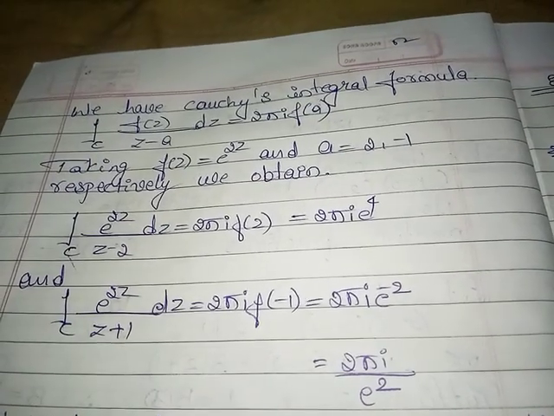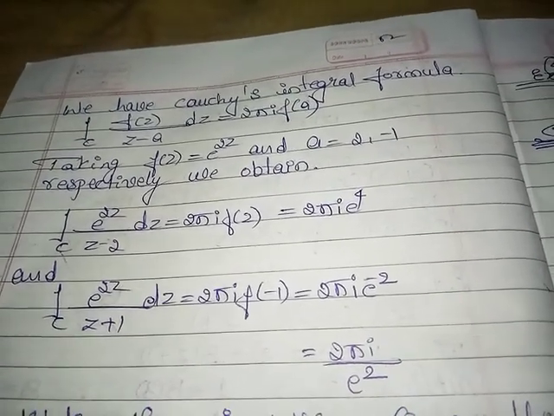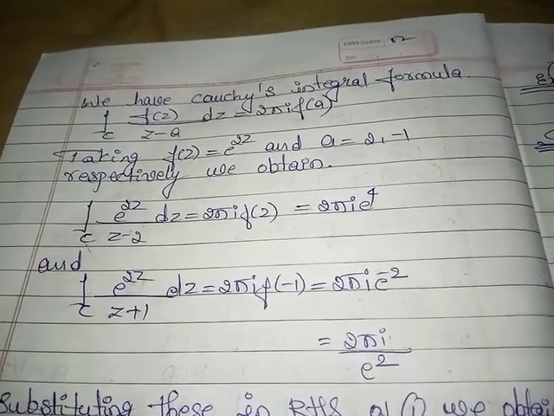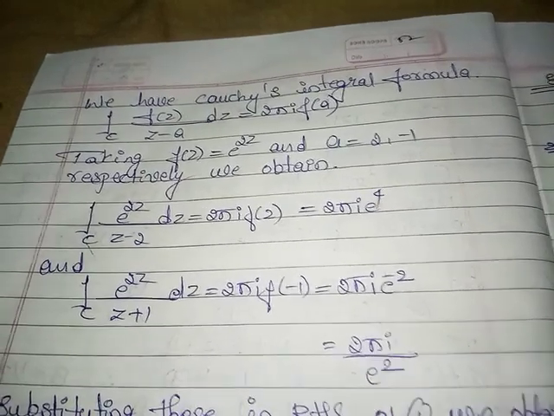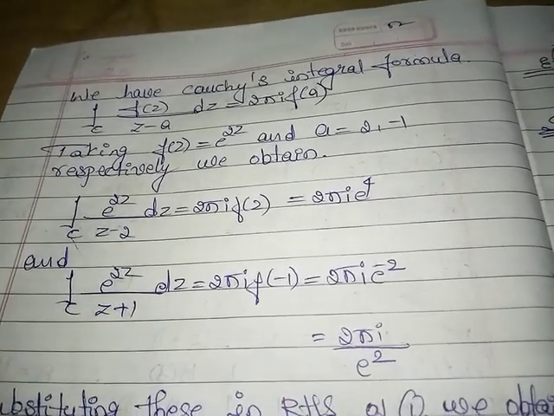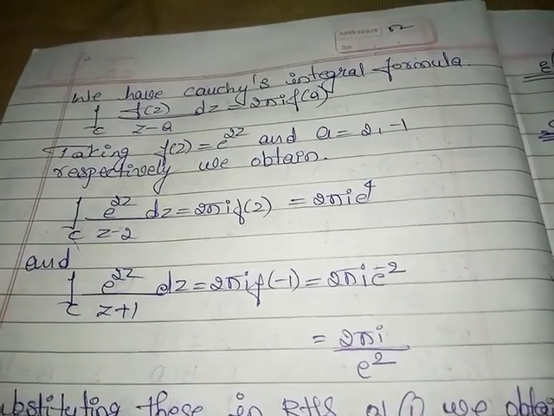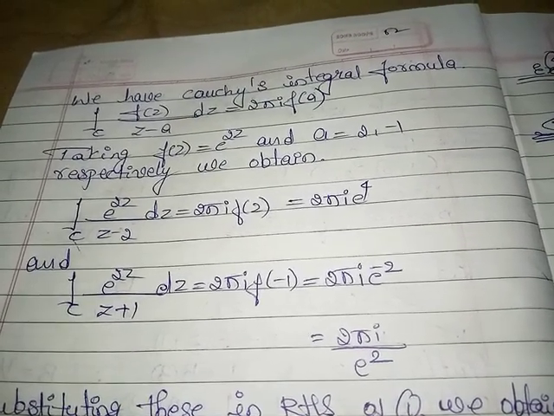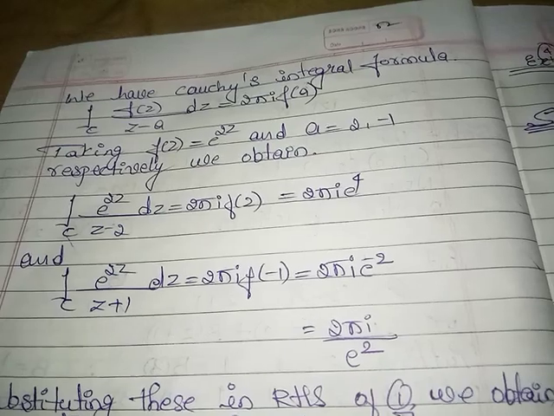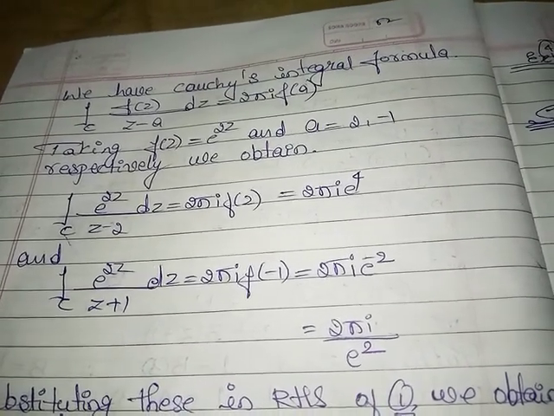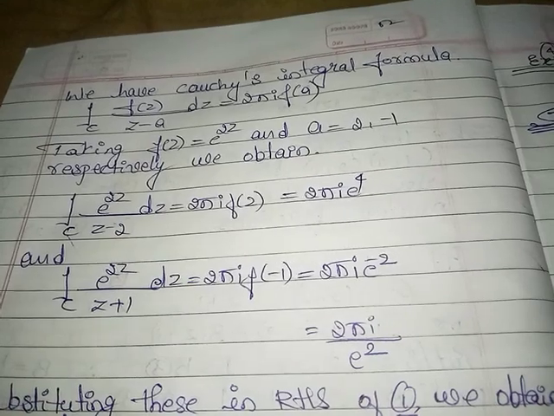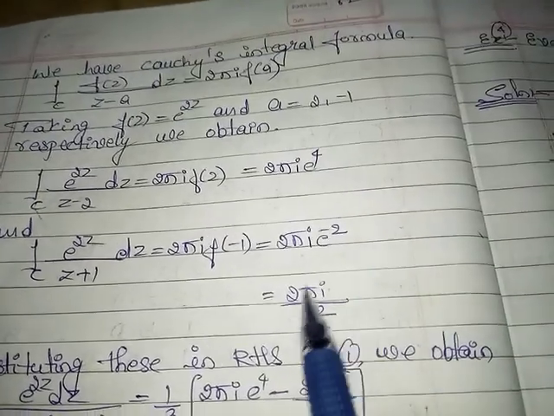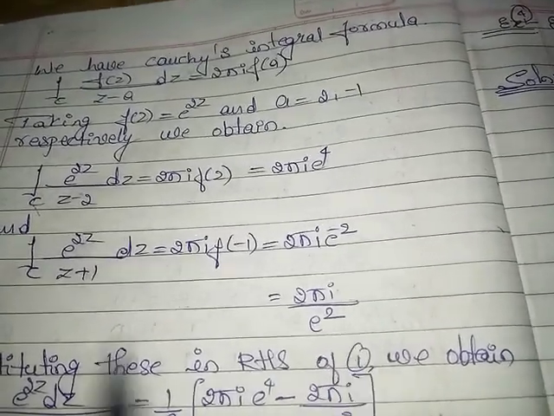Taking f of z equal to e raised to 2z and a equal to 2 and minus 1 respectively, we obtain the integral over C of e raised to 2z divided by z minus 2 dz is equal to 2 pi i f of 2, which is equal to 2 pi i e raised to 4, and the integral over C of e raised to 2z divided by z plus 1 dz is equal to 2 pi i f of minus 1, which is equal to 2 pi i e raised to minus 2, which can be written as 2 pi i divided by e square.